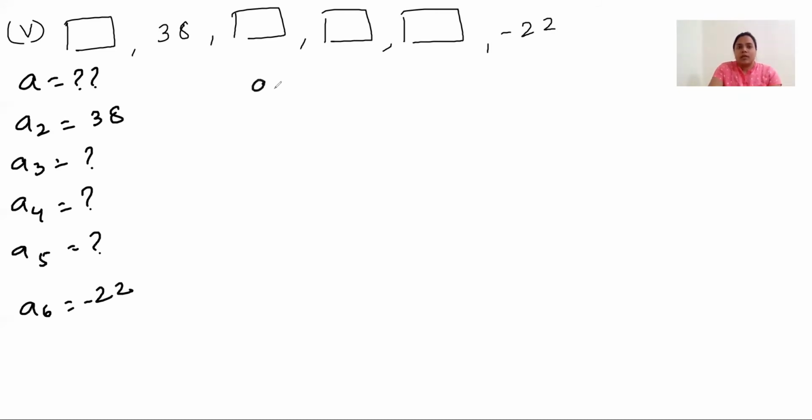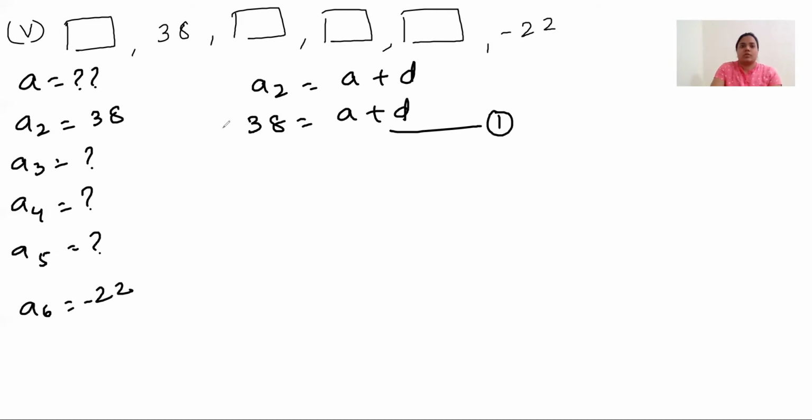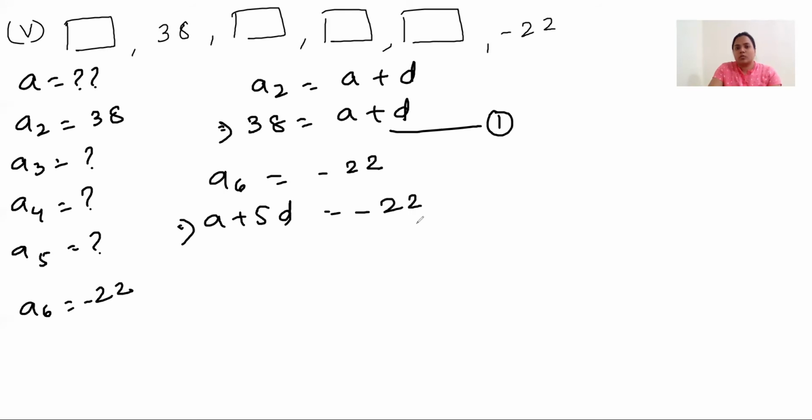Let's do it. A2 is equal to A plus D. So 38 is equal to A plus D. This is our first equation. Next we have A6. So A6 is equal to minus 22 means A plus 5D is equal to minus 22. This is our second equation.